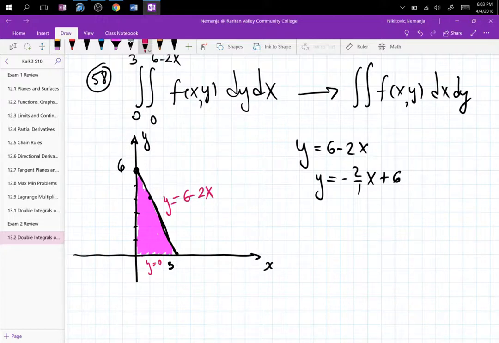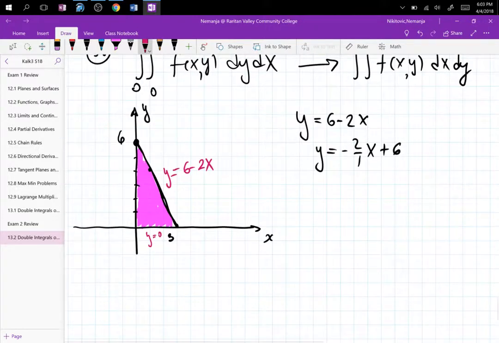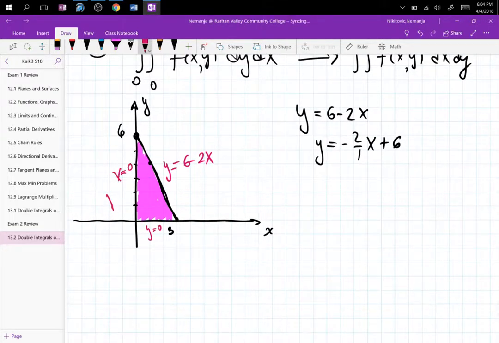Well, from 0 to 3. Great. This line is x equals 0, which is the y-axis, and it stops at 3. So it works, right? You see that y is stuck between 0 and 3, and x is stuck between 0 and the function. Great.